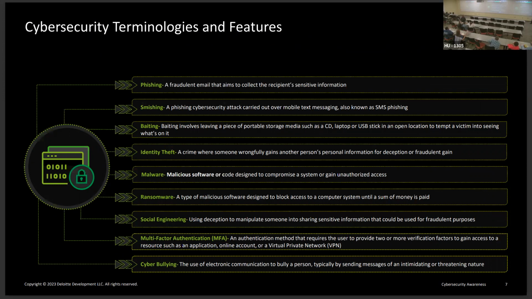So then next are cybersecurity terminologies. Some of these you might have heard of commonly, maybe even earlier today, as they're kind of known terms these days. So first we have phishing, which is a fraudulent email which aims to collect sensitive information from a recipient. One of the ways that people do this is through a malicious link sent in an email.